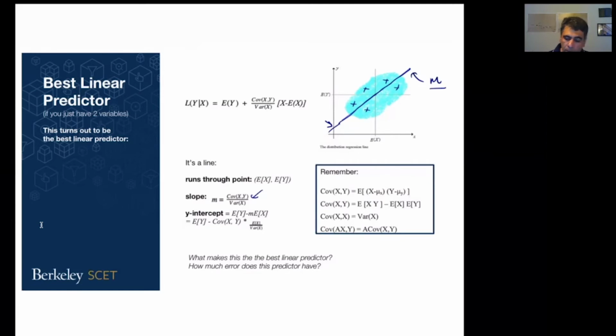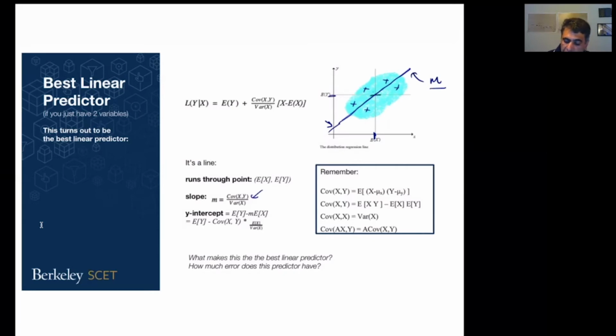Now, the other thing that makes the best linear predictor is that it runs through the very middle of all of this data. If you have all the x values, like in the table, then you would know the average of all of those x values. Similarly, you would know the average of all the y values.